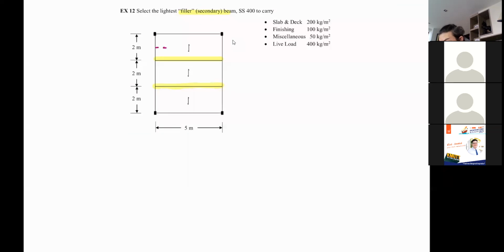So this is going to be my tributary width, correct? 2 meters. You should be familiar with this by now from structural analysis and everything.